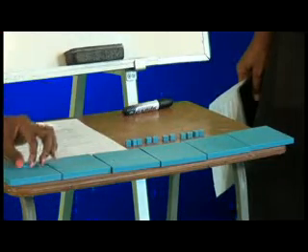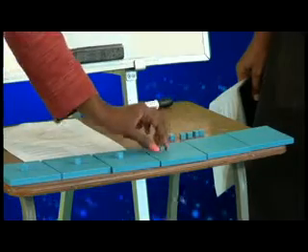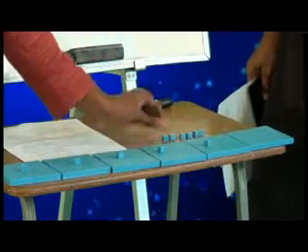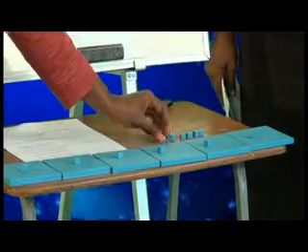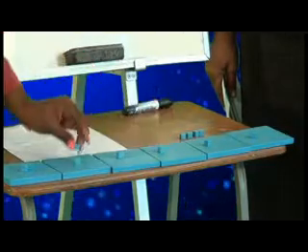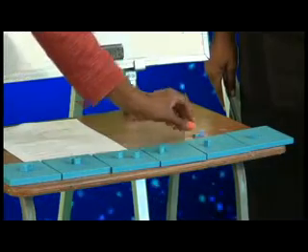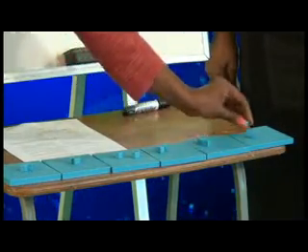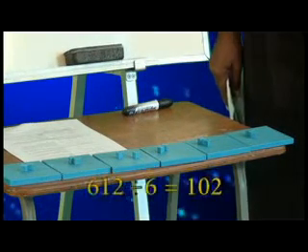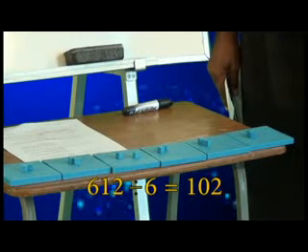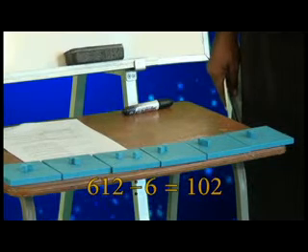So we will put 1 here, 1 there, 1 here, 1 here, 1 here, and another 1 there. But we still have some more, so let us continue sharing. Another 1 there, 1 here, 1 here, 1 here, 1 here, and 1 there. Therefore, when 612 is equally divided into 6 groups, each group will get 102.